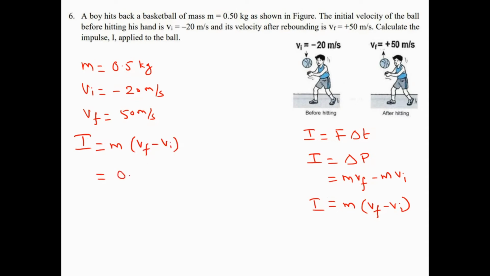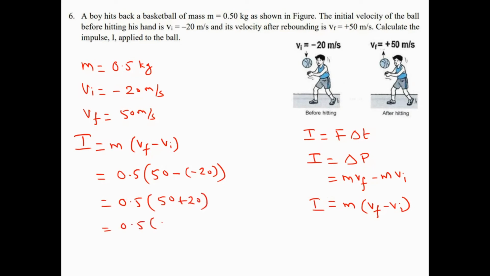I'm going to substitute the values. The mass of the ball is 0.5 kilogram, and the final velocity is 50, minus my initial velocity, which is minus 20. So I have to write it like this. Therefore, 0.5 multiplied by 50, minus into minus becomes plus, so 50 plus 20.